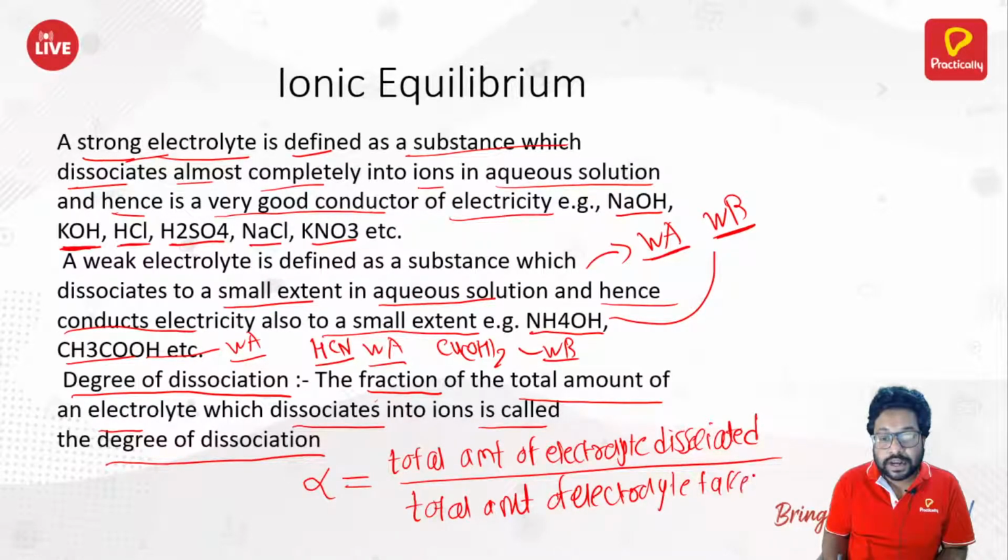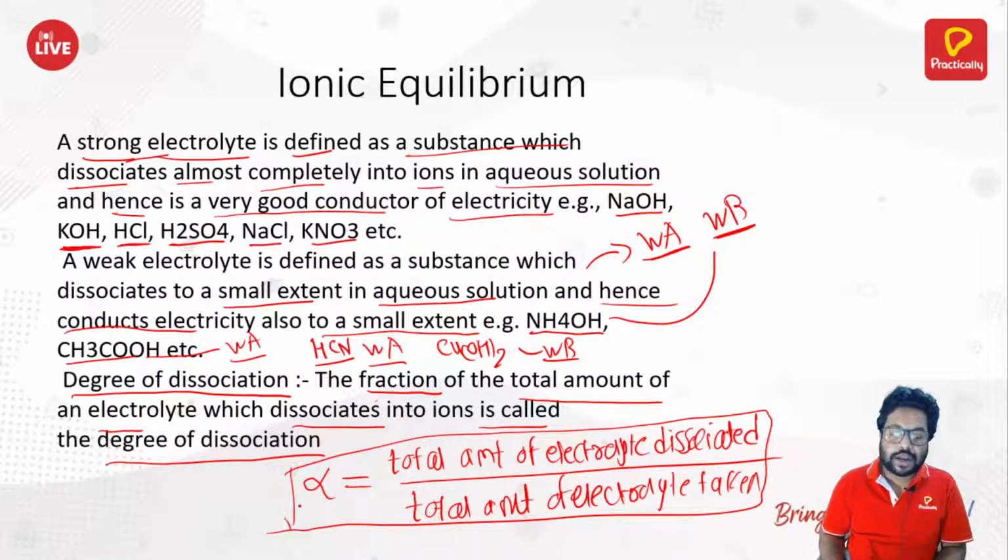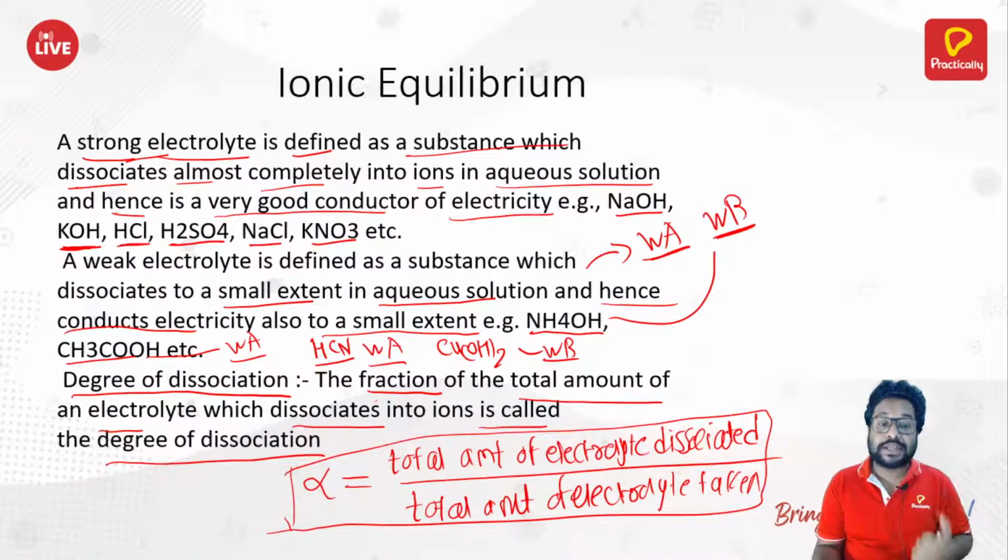So it is the fraction of electrolyte which has dissociated. You obviously multiply it by 100 to make it the percentage degree of dissociation.